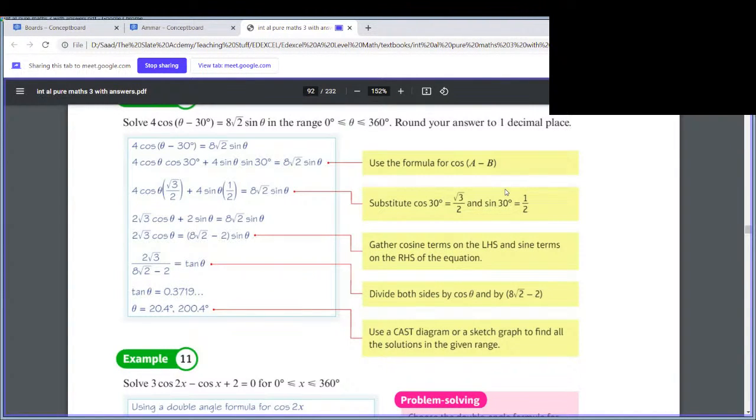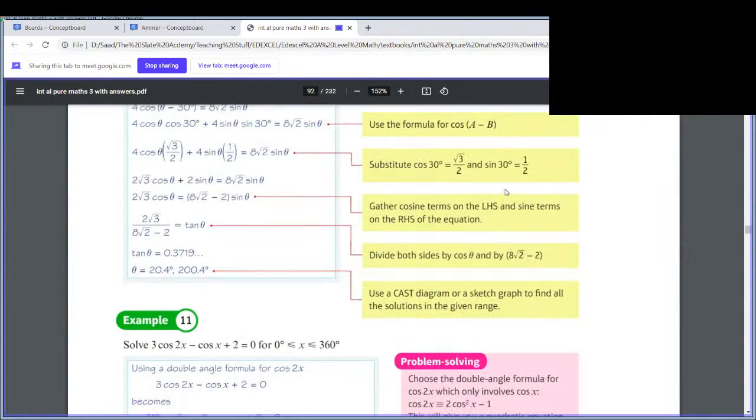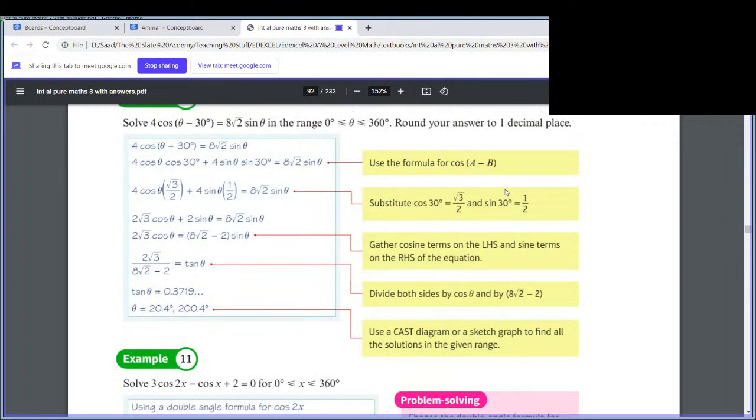How to do after the equation? What? Nothing, nothing.